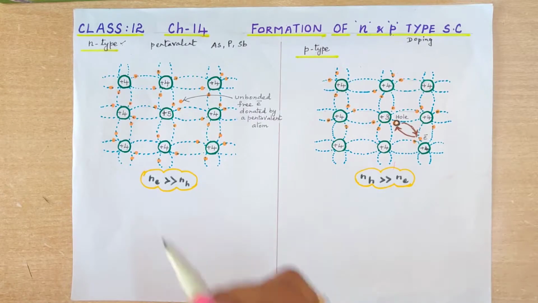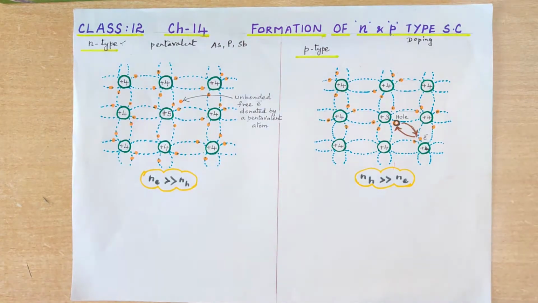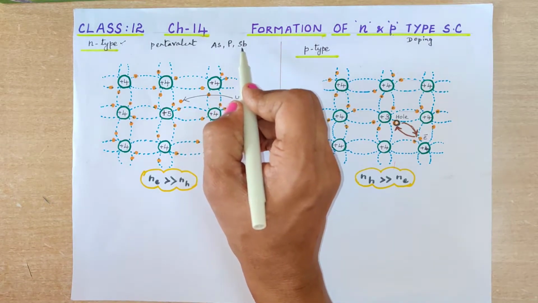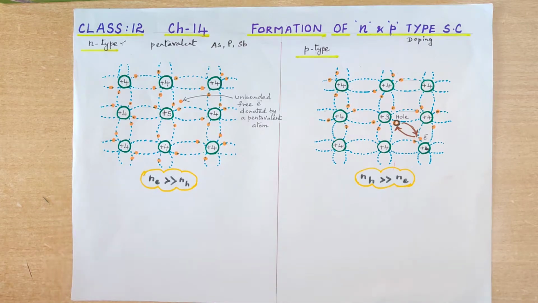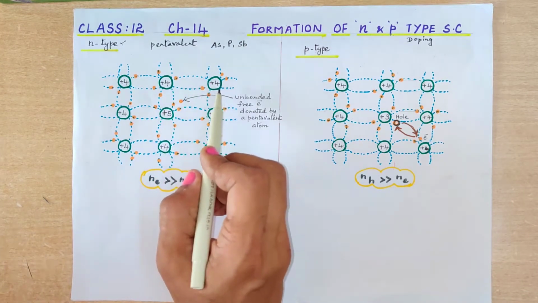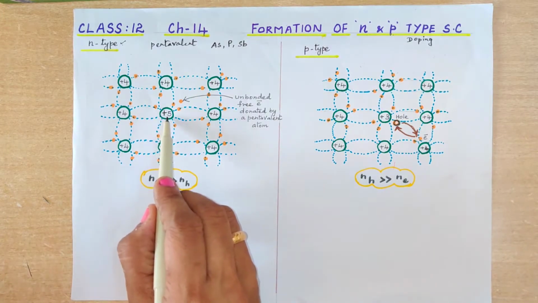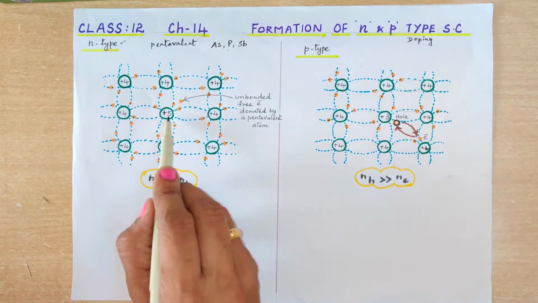So, we begin with N-type semiconductor, which is obtained by adding a pentavalent impurity like arsenic, phosphorus and antimony etc. from the group 5 elements in the periodic table with a tetravalent silicon or germanium atom. You can see the diagram where one of these pentavalent elements is added.